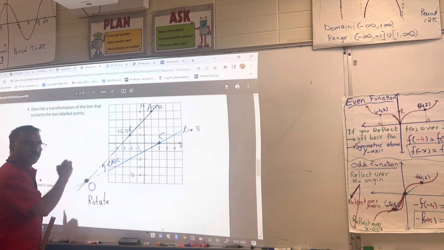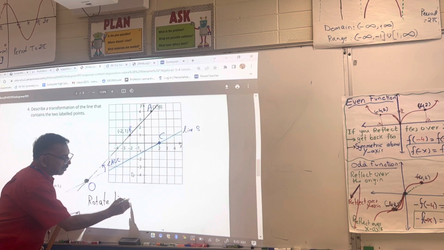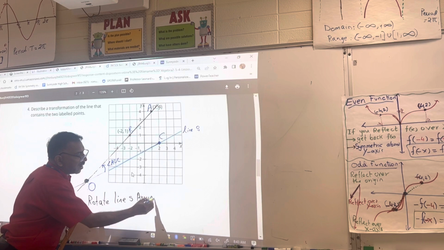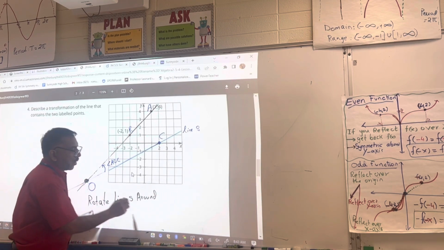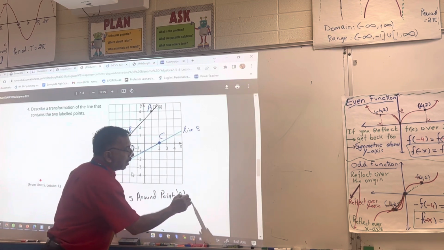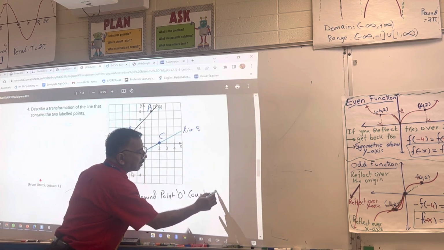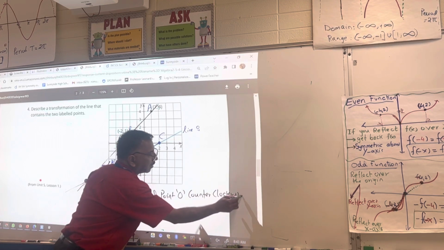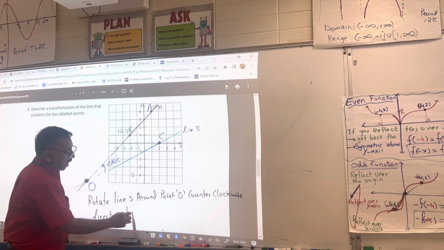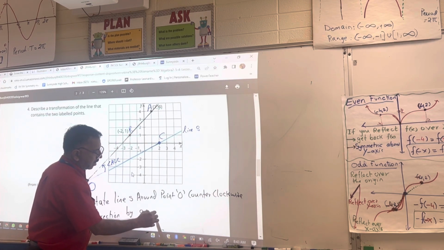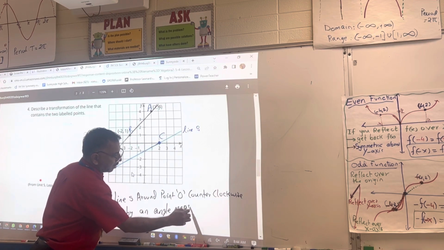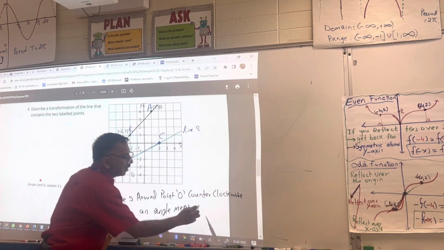Rotate line S, so I call it S, around point O, counterclockwise direction, by an angle measure, and that angle is AOC.